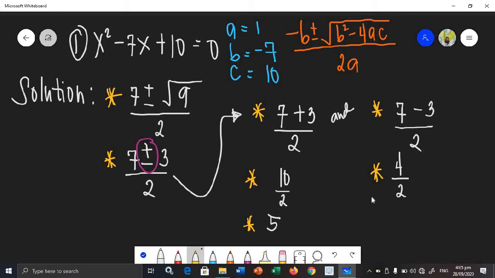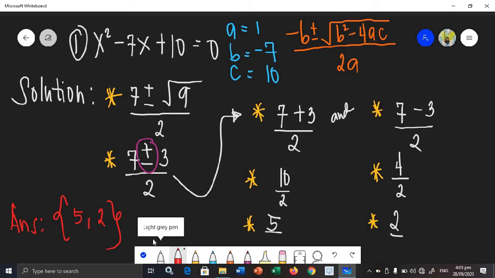Okay? 4 over 2 can be written simply as 2. Because 4 divided by 2 is 2. Now, we have our set of roots. So now, the answer will be in set form. 5 and then 2. That will be your solution set.